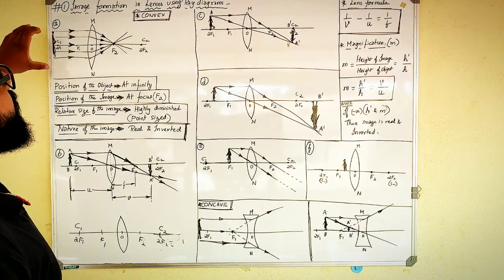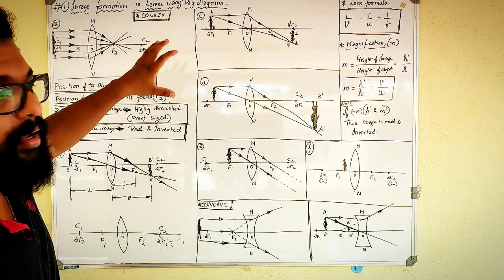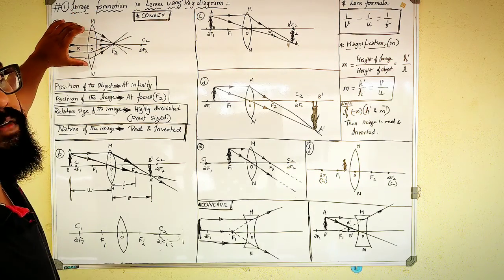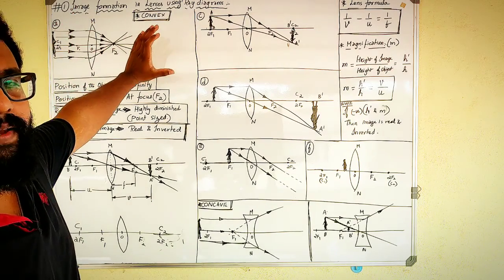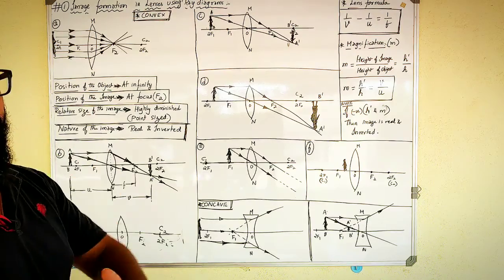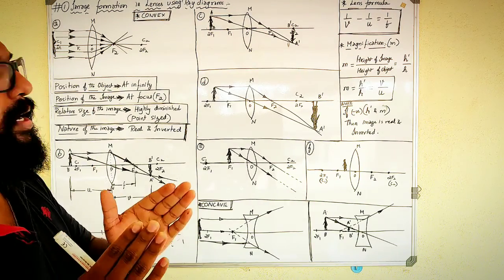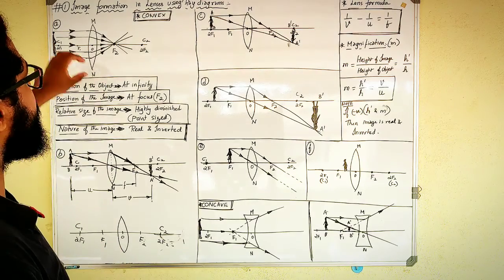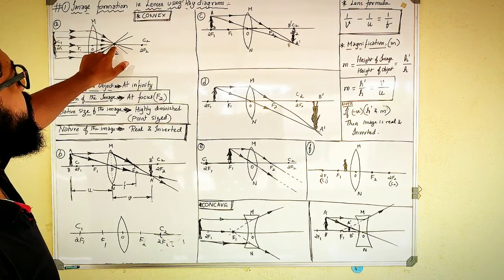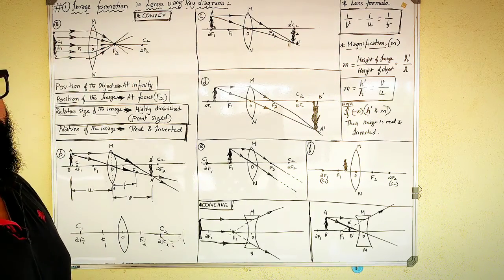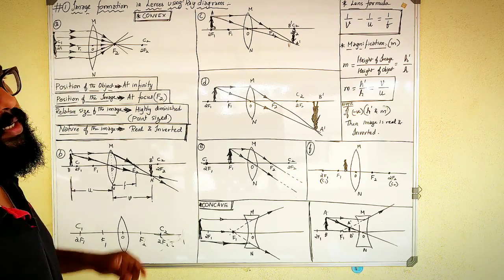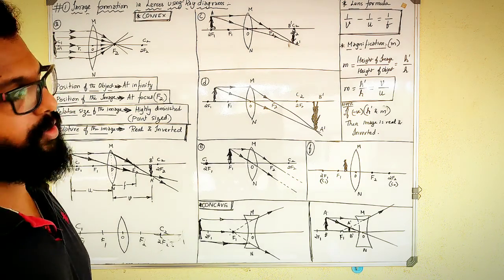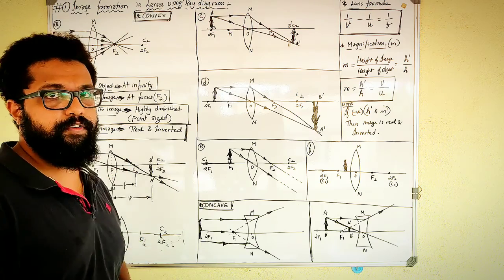And when these light rays travel parallel to the principal axis and fall on the convex lens, you know what a convex lens does? It converges all the light rays and makes them fall on one point. That point is called the focus point of the convex lens, as we have already studied.